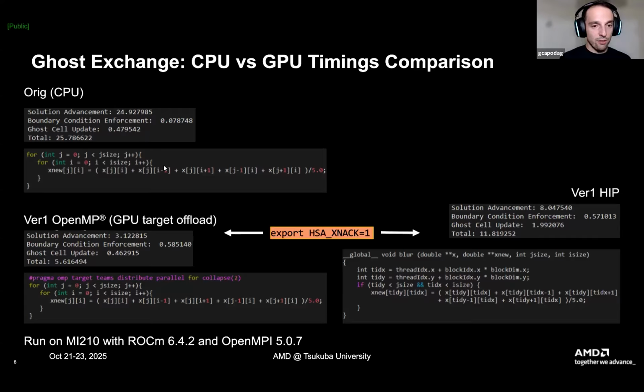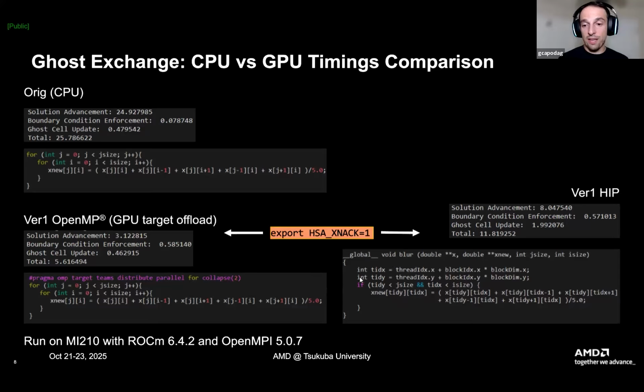So that kernel, when we are offloading it to the GPU with OpenMP, as you now know, just needs a directive basically outside of the outermost loop, and that will be offloaded to the GPU. For HIP, it's a little bit more involved because you're going to have to create your own kernel in HIP.